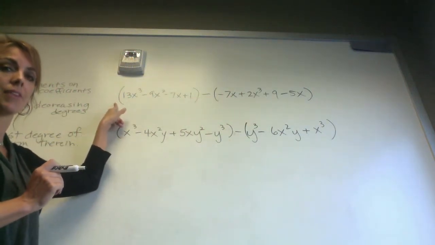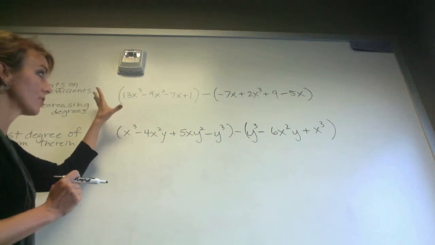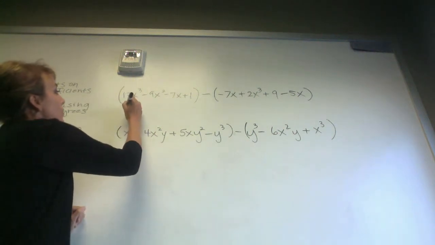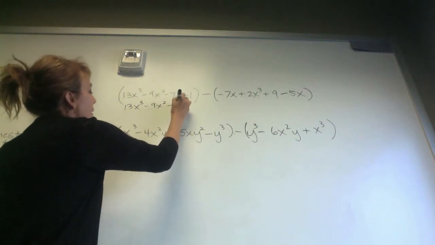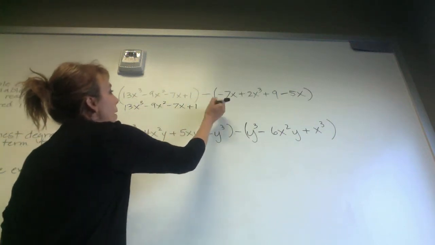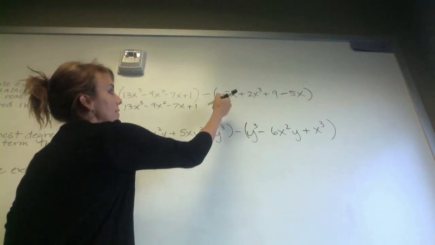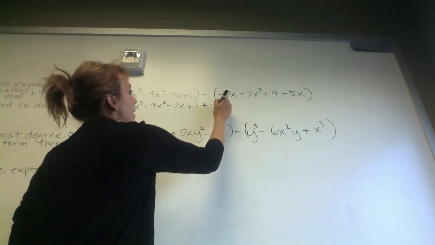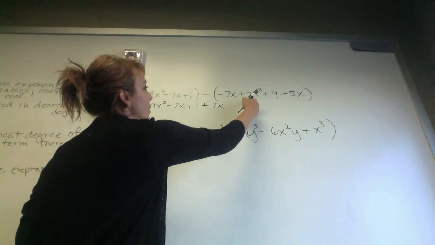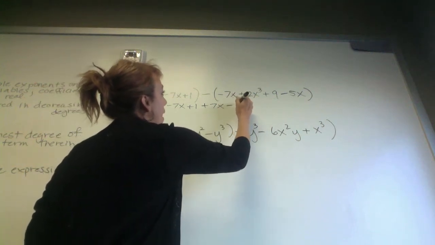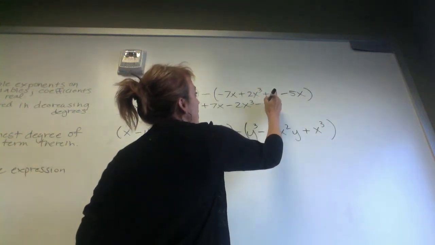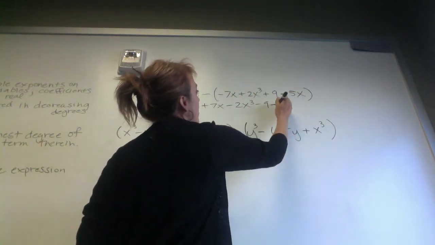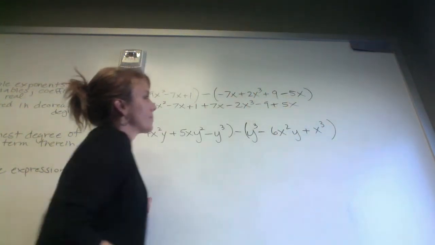Notice that there is nothing in front here, so I can just drop these parentheses. 13x cubed minus 9x squared minus 7x plus 1 minus a negative 7x means plus 7x minus a 2x cubed equals minus 2x cubed minus 9, and minus a negative 5x means add that 5x.